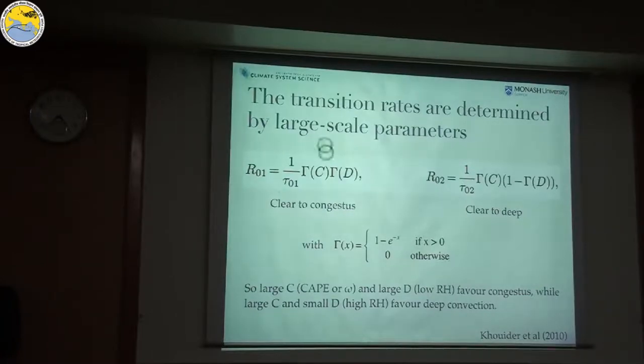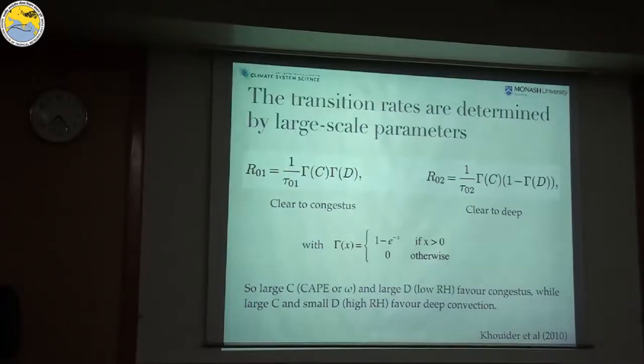In their model, the C stands for CAPE, right? And the D stands for dryness. So if the atmosphere has CAPE, but it's very dry in the middle troposphere, they increase the probability that you're going from clear sky to congestus. If, on the other hand, the atmosphere has CAPE and it's moist, 1 minus this, so that's the opposite condition, then we're increasing the probability that one of those little cells makes a transition from clear to deep.